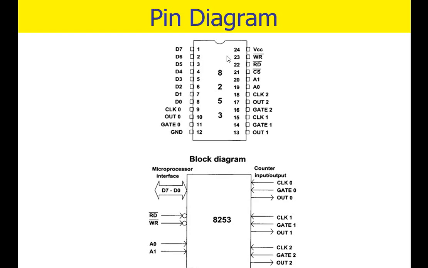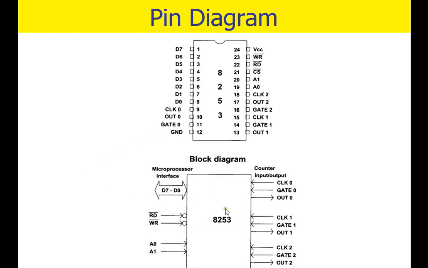Then pins 20 and 19 are A1 and A0, which are for port selection. Now pins 18, 17 and 16 are for clock 2, out 2, gate 2, which is known as counter 2, and pins 15, 14 and 13 are for clock 1, gate 1, out 1, which is for counter 1.